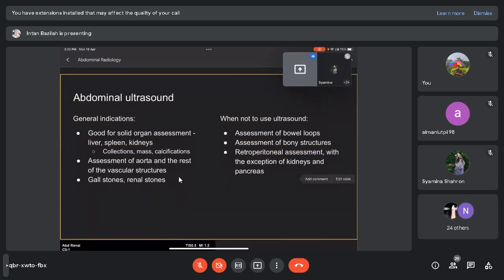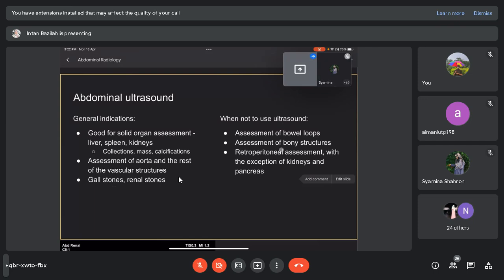Okay, so for general indication, ultrasound is good for solid organ assessment: liver, spleen, kidney. You want to look for collection, mass, or calcification, and also good for assessment of the aorta. For example, they want to rule out an abdominal aortic aneurysm, and also good to assess for renal stone or gallstones. But when not to use ultrasound, as I mentioned, is when you want to assess the bowel.